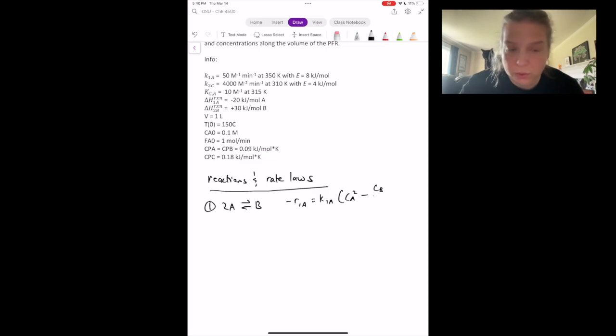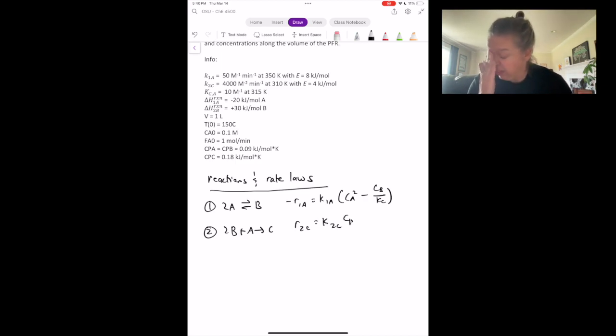And then reaction 2 is going to be 2B plus A goes to C, and the rate law R2C is going to be equal to K2C times CB squared times CA.